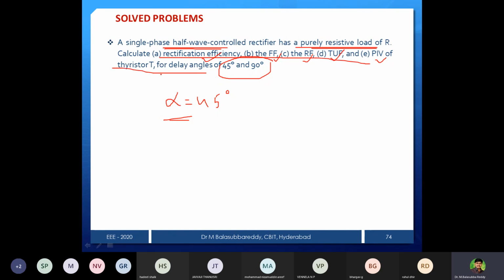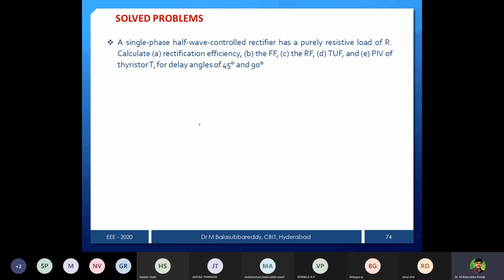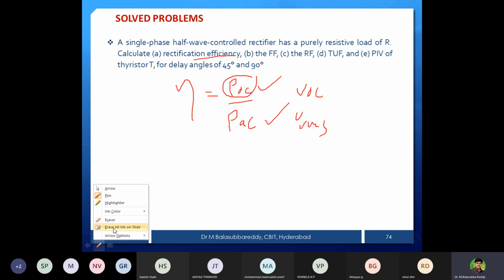To find the efficiency, you know it is PDC by PAC, our average output side and input side. For that we require VDC and then VRMS. So all these formulas are required.